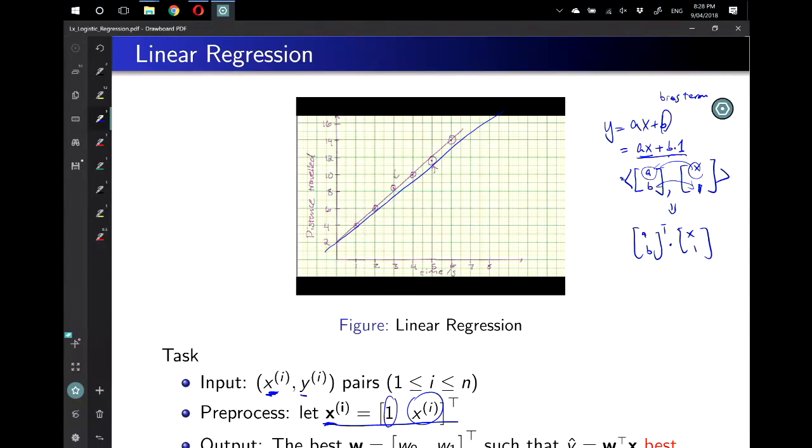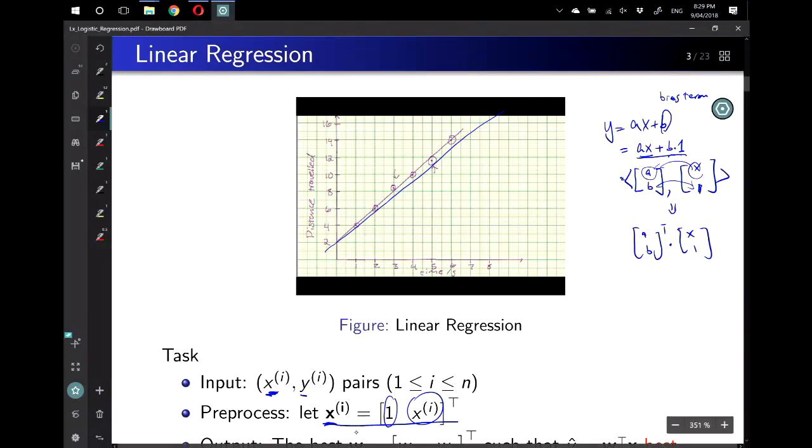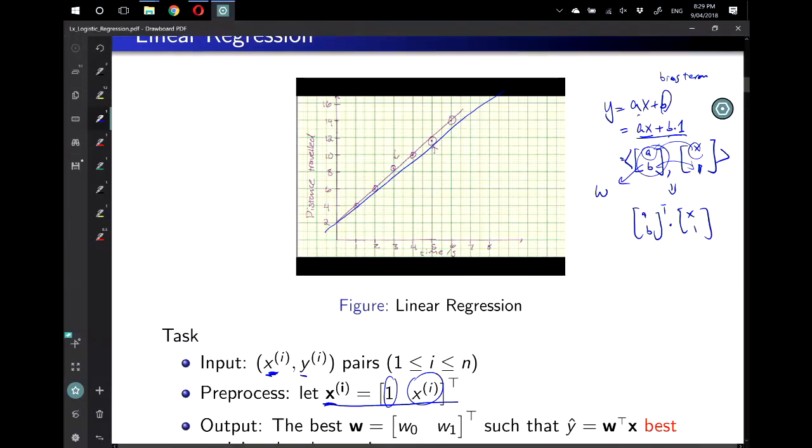So it's not always the case that you need to expand into the homogeneous coordinate system. No matter which line we have, this a and b, we call it w.